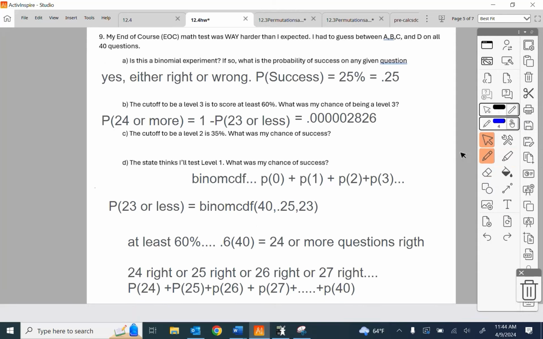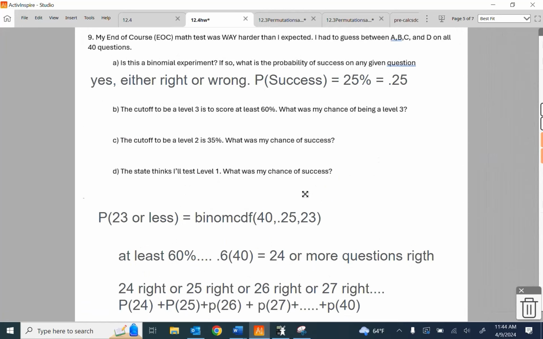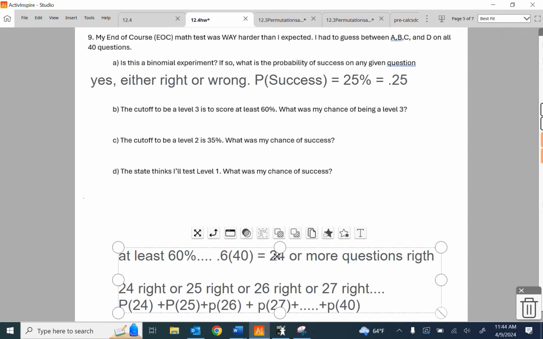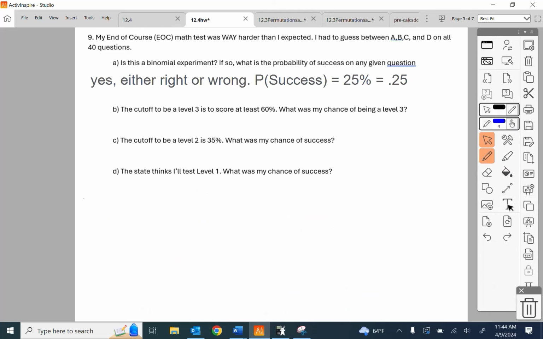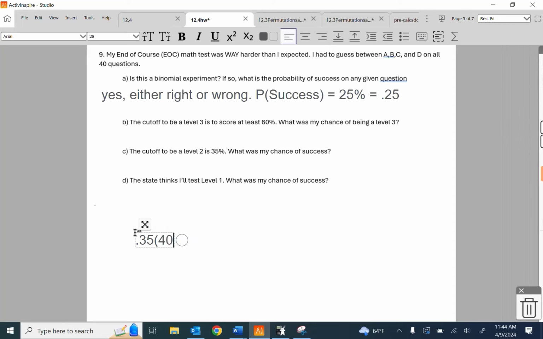Alright, next off we have level 2. Now, there's actually more than 40 questions here. I just chose 40 to make the numbers easier to use. But 35% of 40, 0.35 times 40, should be 14 or more right. So 14 or more right is the complement of 13 or less.